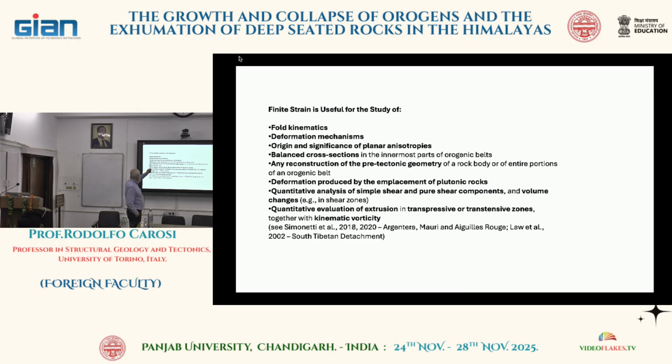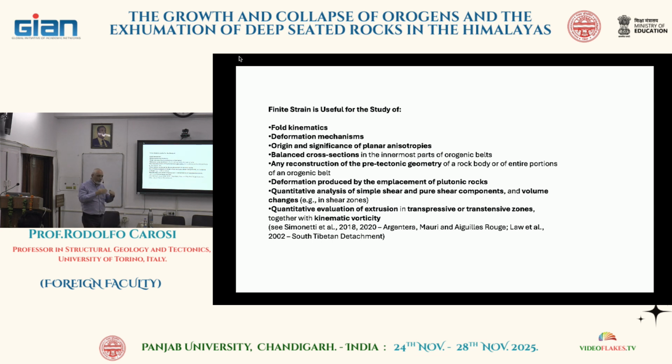They are useful if you try to build up a balanced cross-section in the innermost part of the orogenic belt, because in the outer part, where you have thrusts and folds related to thrusts, you can simply retrodeform the section by linear deformation.